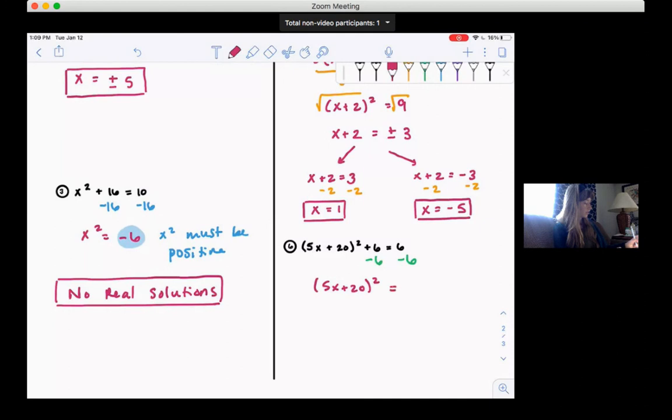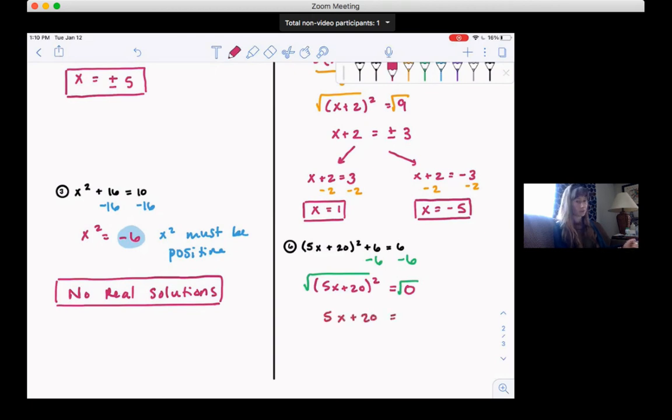And then on the right side, we have 6 minus 6, which is 0. All right, our next step is to get rid of that exponent. And we do that by square rooting both sides. So on the left, square root and square cancel, leaving just 5x plus 20.